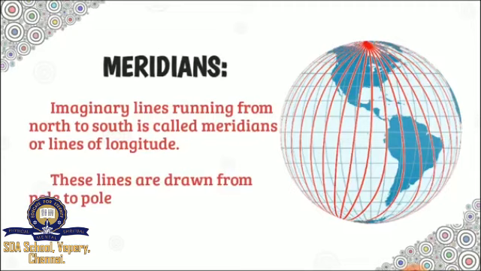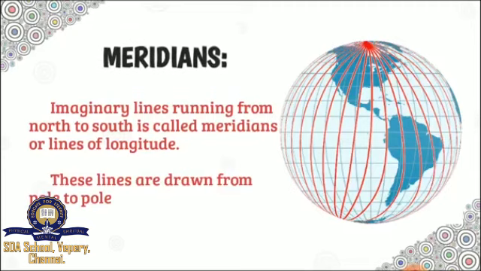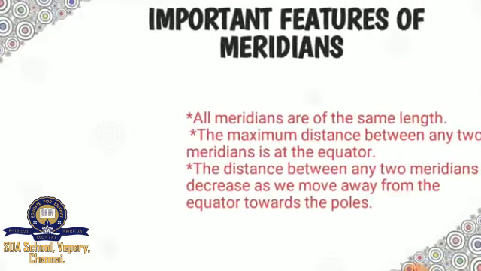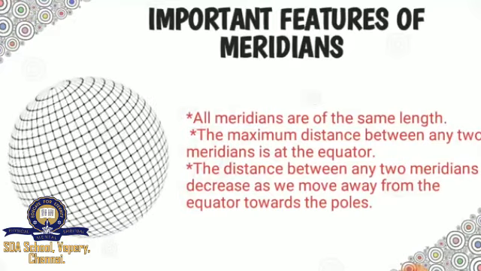Let's see the important features of meridians. All meridians are of the same length. That is, the lines which you see in the picture are of the same length. It is not zigzag. It is in the same order.